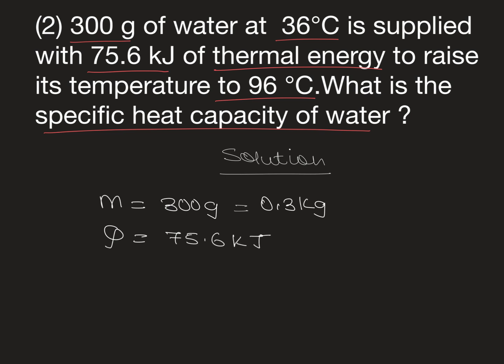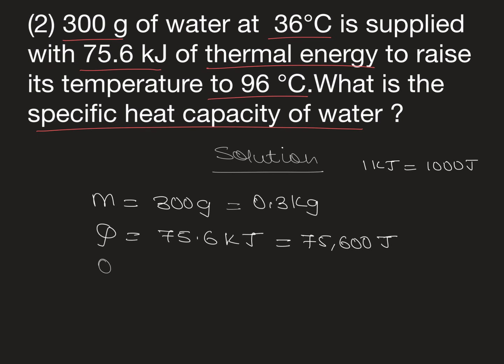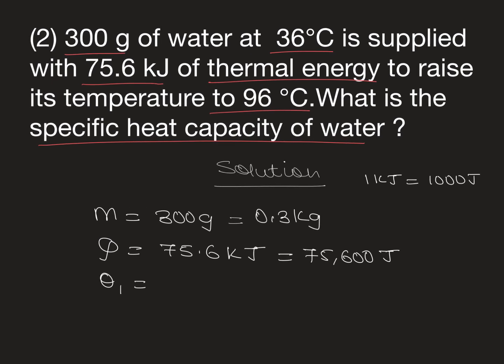So to convert that to joules, we multiply it by 1,000 because 1 kilojoule is equal to 1,000 joules. So 75.6 multiplied by 1,000, that is 75,600 joules. Now the initial temperature given is 36 degrees Celsius and the final temperature given is 96 degrees Celsius.